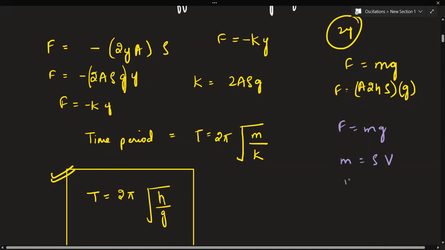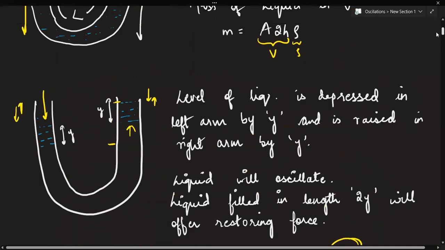Now see, volume can be written as area multiplied by the length, height, we say. Now see, the thing that comes over here is that if it exceeds from one side, let's say by y length, then from the other side it will be depressed by y length also. Yes or no? Yes, ma'am. So see, the total change in length will be y plus y. So the total length will be?